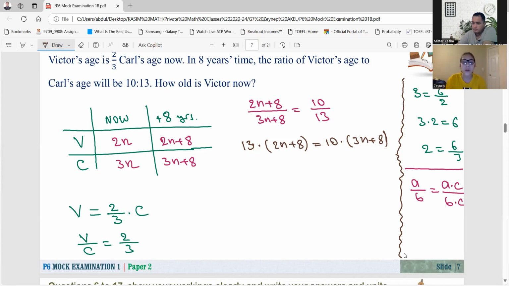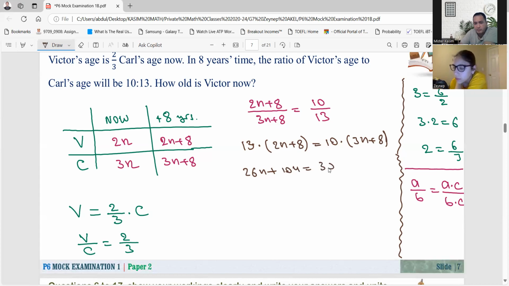N equals 5. 5 or 6? 13 times 2 is 26n plus 8 times 13, 104.